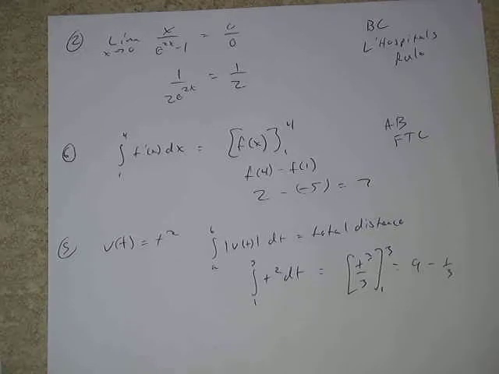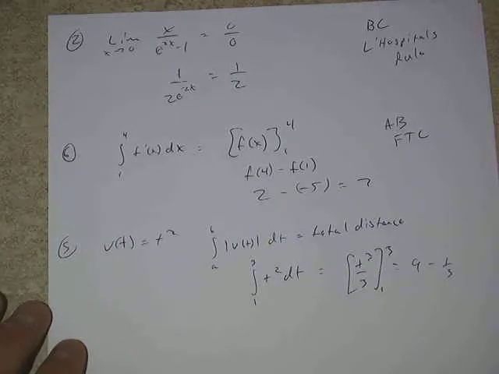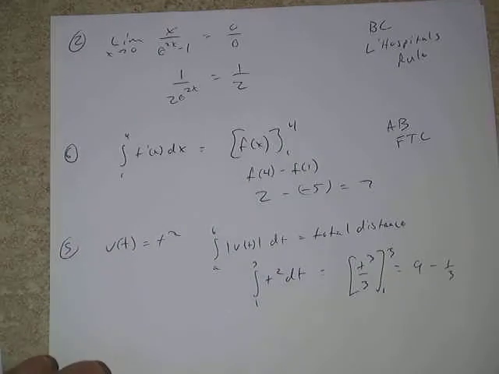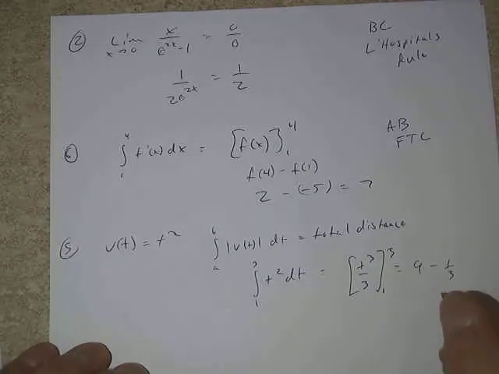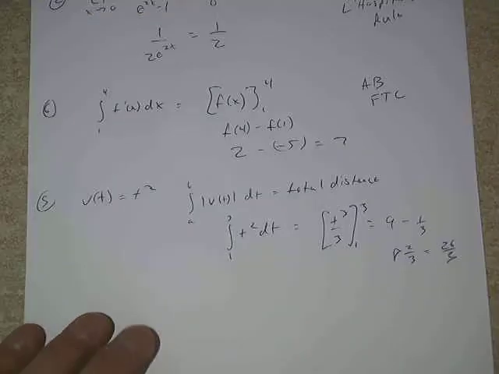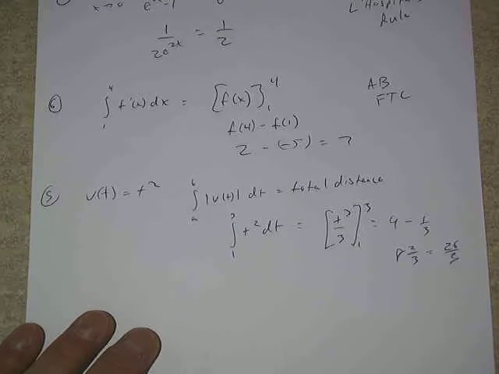Time 1, time 3, what am I missing? Yeah, but it should be, oh, never mind, my adding skills. 8 2/3, not 8 1/3, that's why the 26 threw me off. I was thinking 25/3. Ultimately it should be 8 2/3, 26/3.